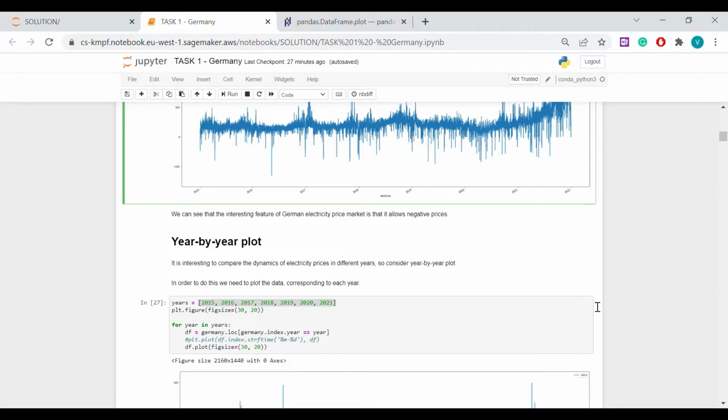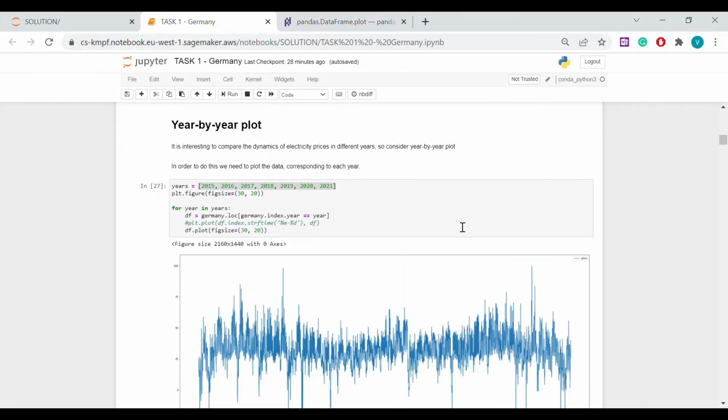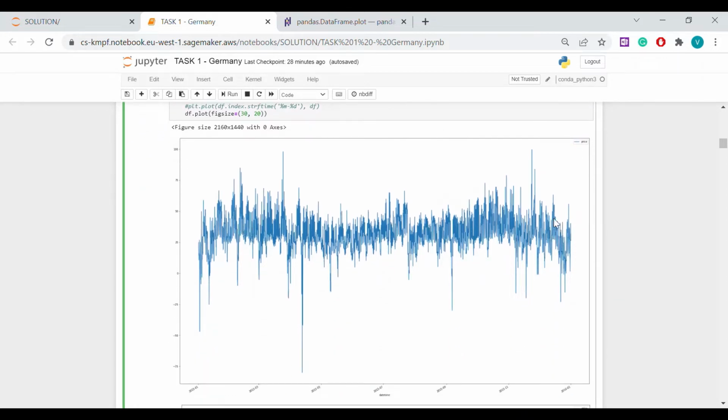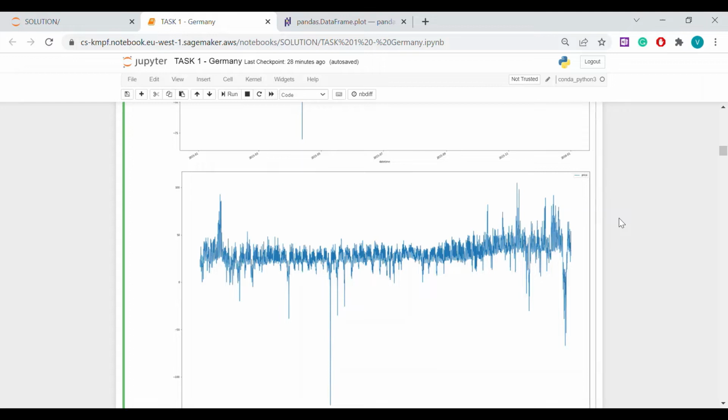In order to compare the dynamics, the tendency of electricity prices, we will plot the electricity price data for each year and compare them. In order to do this, we need to take from our initial data the data with the index corresponding to one particular year, and then we plot this data, and we do it for every year from 2015 to 2021, and we can then see how the data looks.